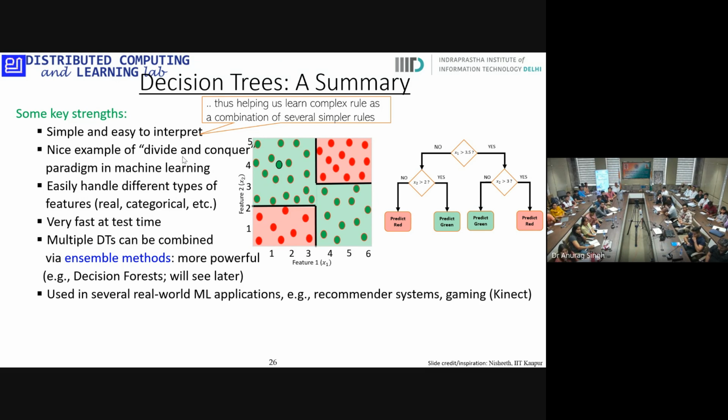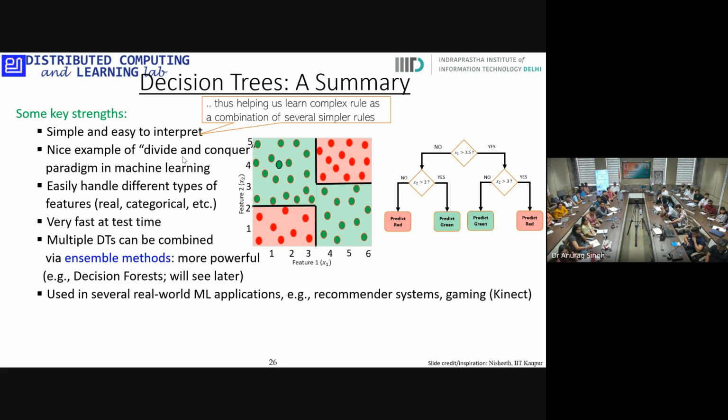And then the most important application of decision trees is decision forests. How many of you have heard of XGBoost, gradient boosting? You may have come across this term. XGBoost is the de facto, most well-known model in industry.